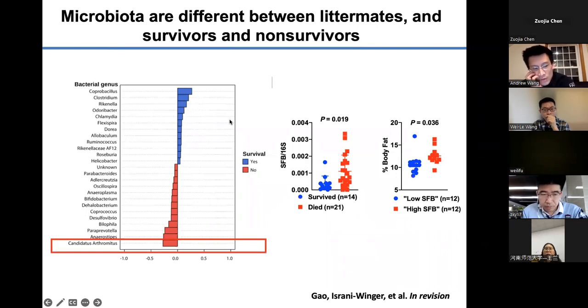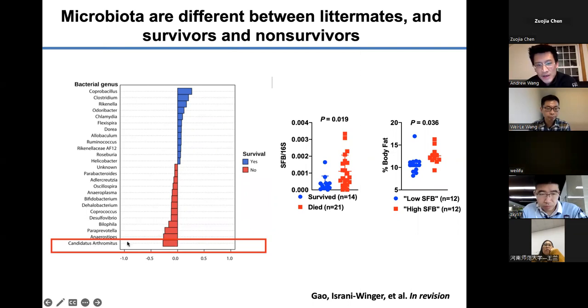And so we did 16S sequencing of survivors and non-survivors, and keep in mind that these are mice that are littermates in the same cage. And what we saw here was that there were differences even between littermates in terms of the abundance of certain types of microbiota.